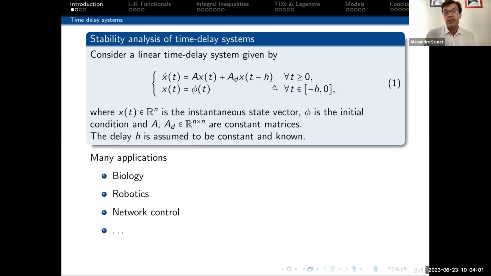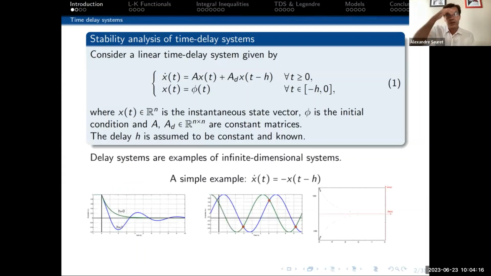This class of systems appears in many applications in biology, robotics, network control, and so on and so forth. And it has been of interest to many researchers because it represents a simple example, let's say, of infinite dimensional systems.